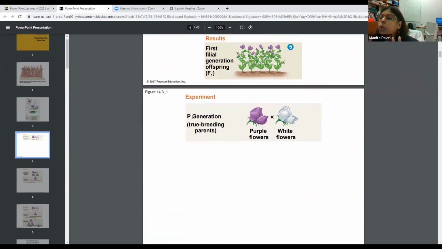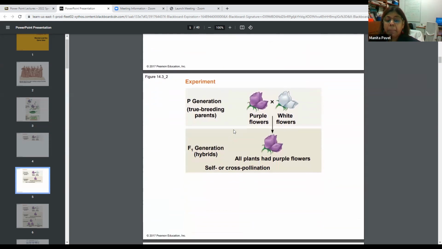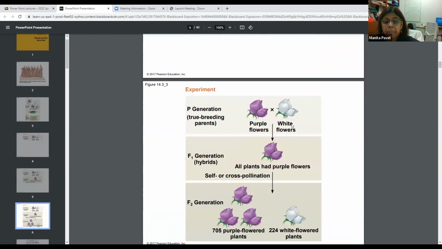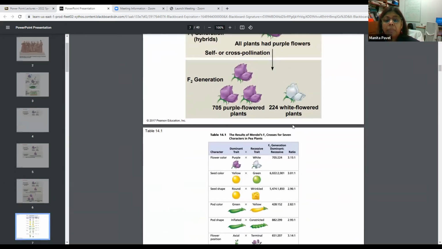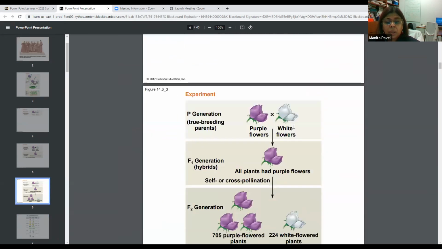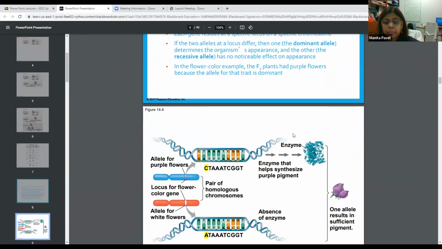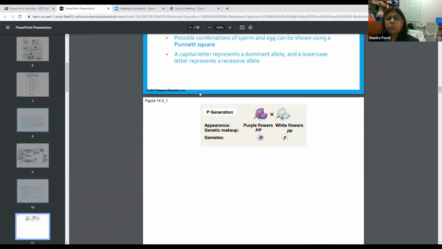So whom do you cross? You cross the parents, the P1 generation of the parents. So it would be capital P versus lowercase p. Let's go to this cross. So you take capital P, homozygous dominant purple, versus homozygous recessive white. So you take one from each pair.